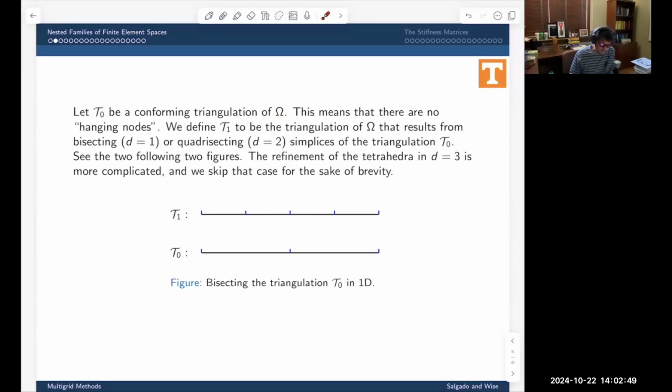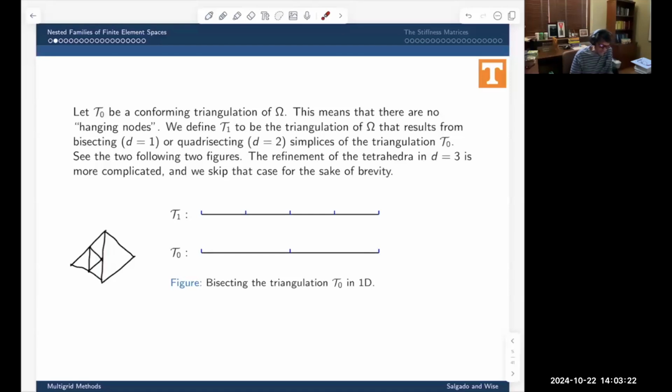This means that there are no hanging nodes. What we mean by a hanging node was explained in the numerical analysis course, but let me remind you what that means. It means that we have no situation like this. If we have a neighboring triangle or set of triangles, then this can't happen. We can't have this node here being in the middle of a full edge of another triangle.